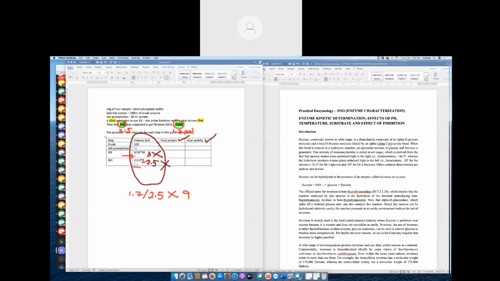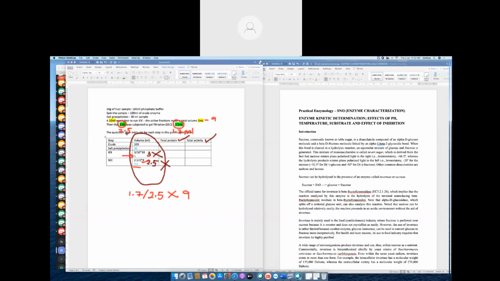Because from the previous step, we will get 9 mil here, because from 10 mil we get 3 mil. But if we have 30 mil, we will get 9 mil. So from this 3 mil, instead of 3 mil, we run 2.5 mil. Still okay. There's nothing wrong with this.